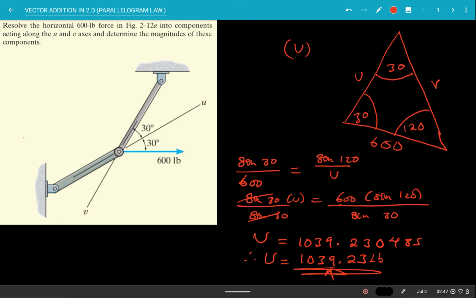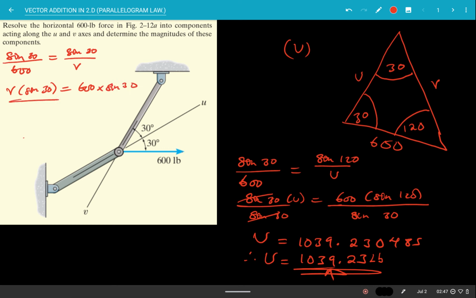We start with what we have. So let's write it here, sine 30 over 600 is equal to what I'm looking for. That's V. So this guy here, which will be sine 30 over V. Cross multiply, we have V times sine 30 is equal to 600 times sine 30.